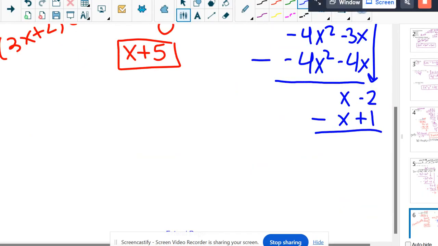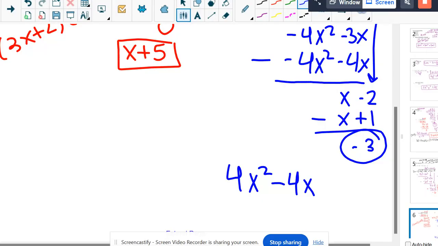So when you subtract those, you get what? Negative 3. So that means we have a remainder. So the answer is 4x squared minus 4x plus 1, and then minus 3 over x plus 1.